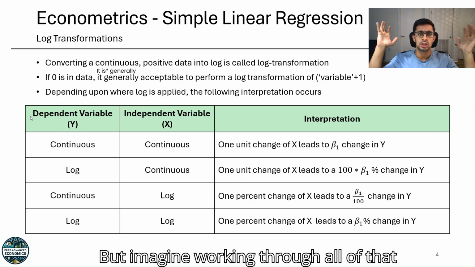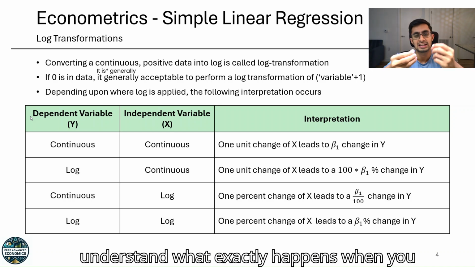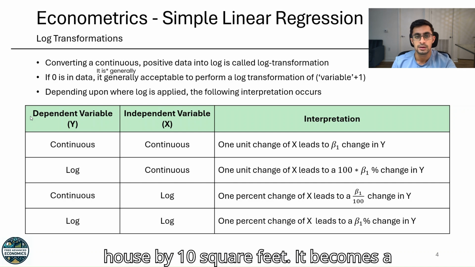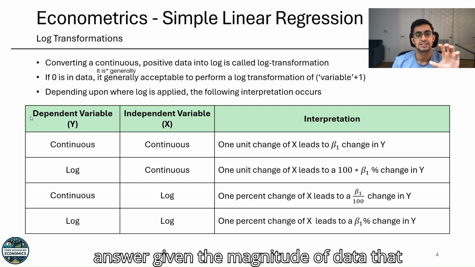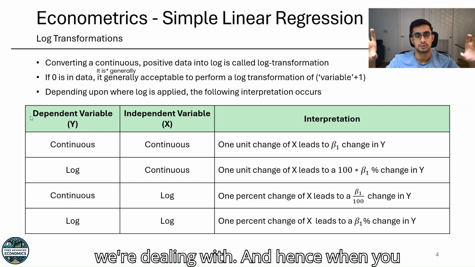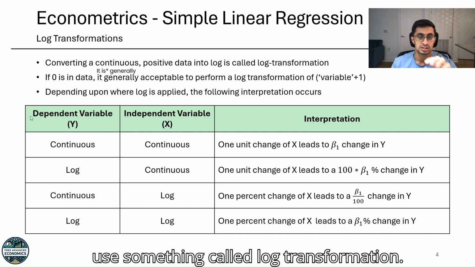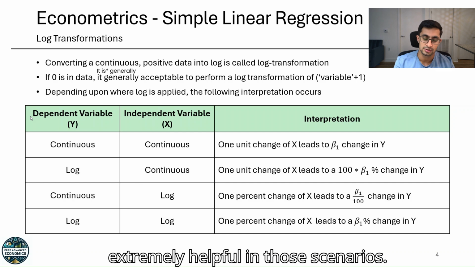But imagine working through that entire range of data to understand what exactly happens when you increase, let's say, the size of the house by 10 square feet. It becomes a big question that is very difficult to answer given the magnitude of data that we're dealing with. And hence, when you have such a high magnitude of data, you use something called log transformation. There are different use cases for this, anyways, but log transformation is extremely helpful in those scenarios.